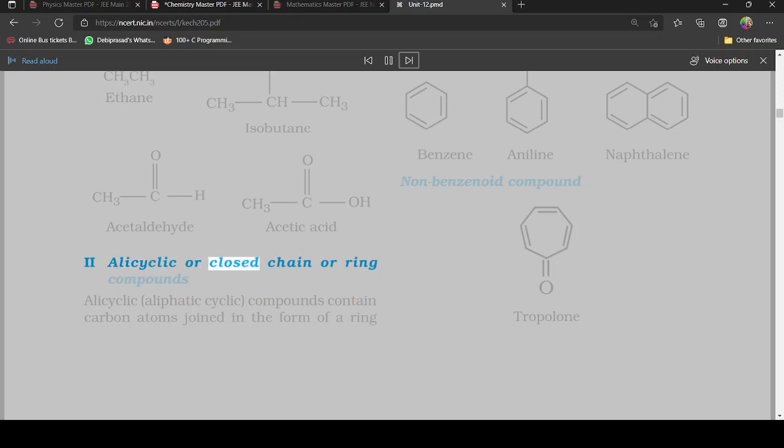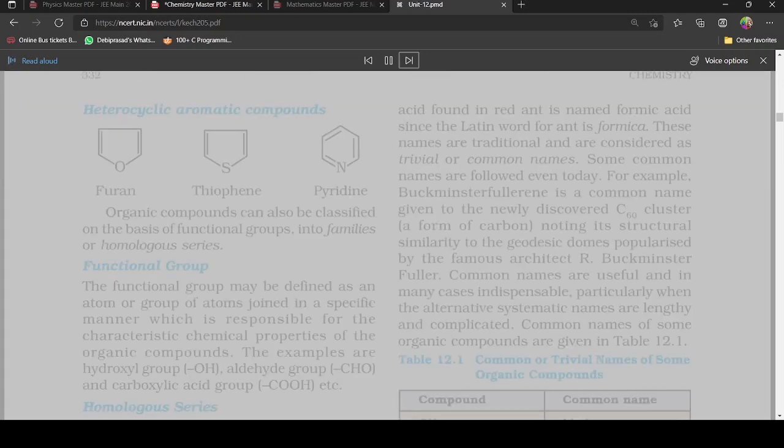Alicyclic or closed chain or ring compounds. Alicyclic (aliphatic cyclic) compounds contain carbon atoms joined in the form of a ring. 332 Chemistry. Heterocyclic aromatic compounds: furan, thiophene, pyridine.